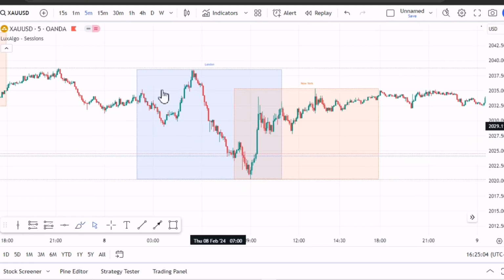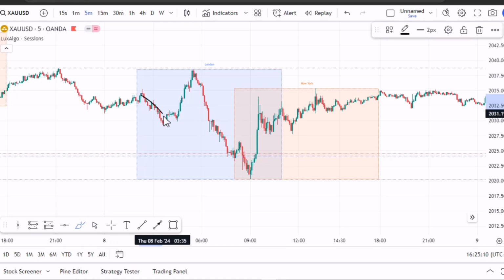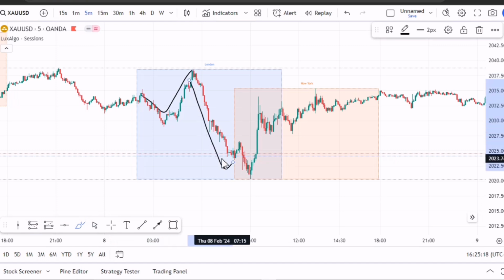You see right here, this is going to be a good example. Price went down, went up, but for the biggest part, it was selling. So what you do when the New York session opens, you look to buy, or you place your buy trades.